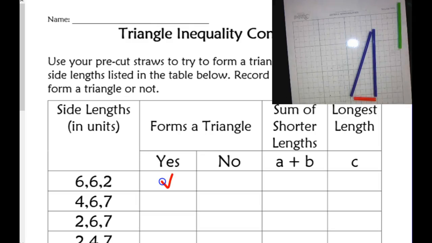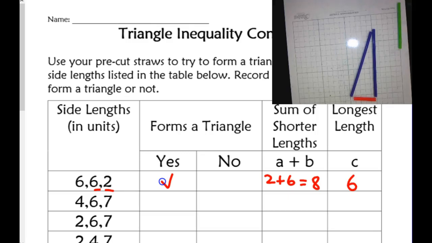And then we're answering the sum of the shorter lengths. So A plus B, what are the two shortest sides of this triangle? 2 and 6. So what we're going to write here is 2 plus 6 equals 8. And the longest length out of those three is the other 6.